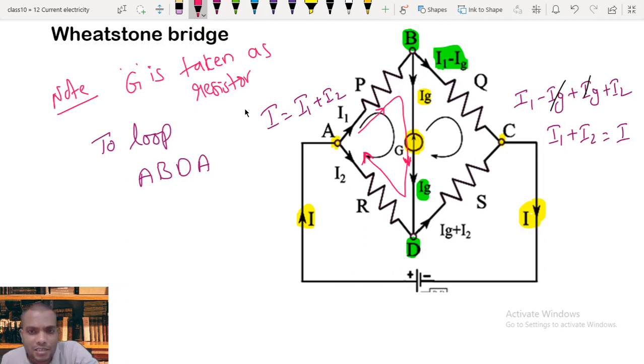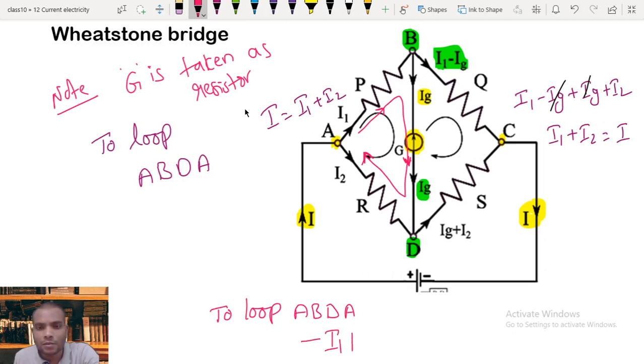When it comes to resistance R, the current direction and my direction in the loop are opposite. So here we need to consider that as positive. If I write the loop expression for the loop ABDA, I can write minus I1 times P and minus Ig.